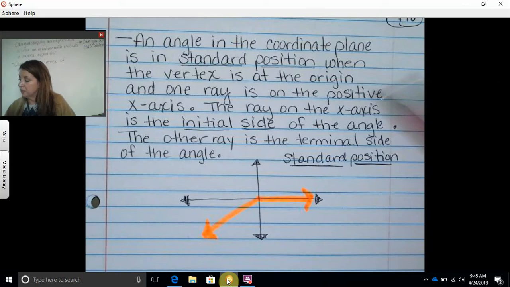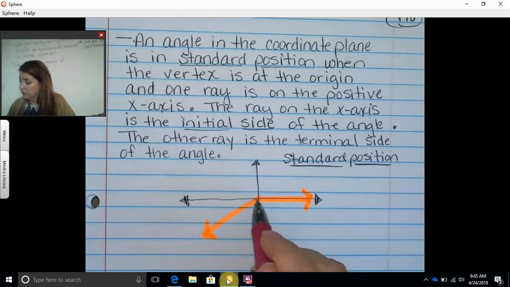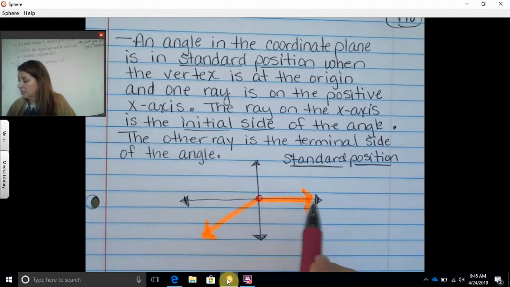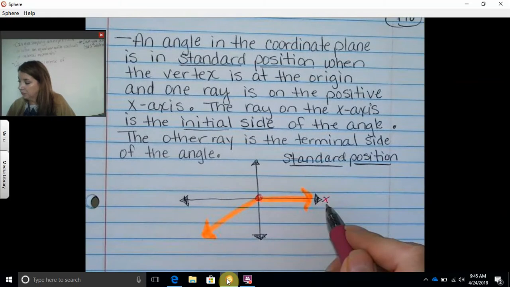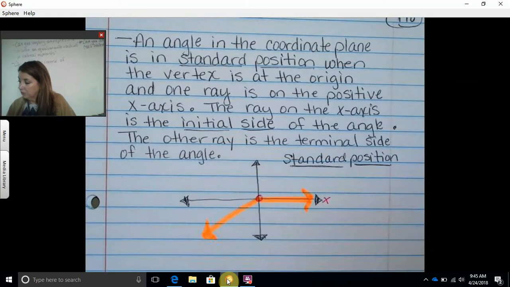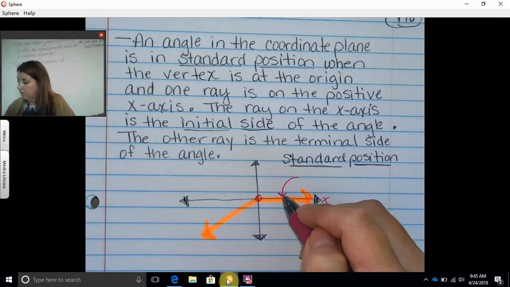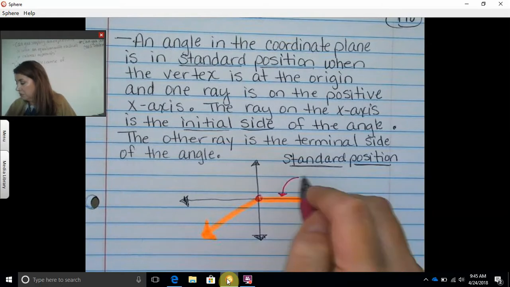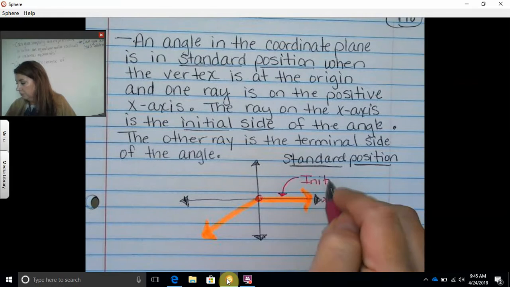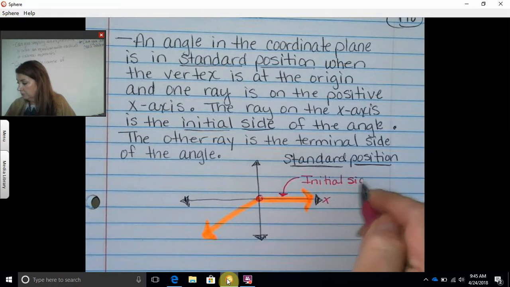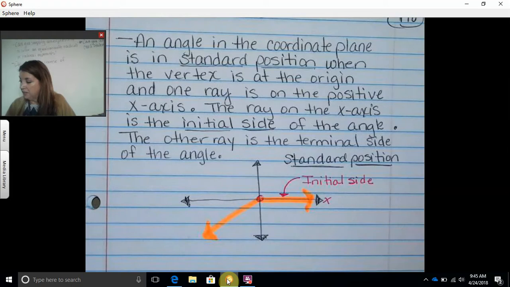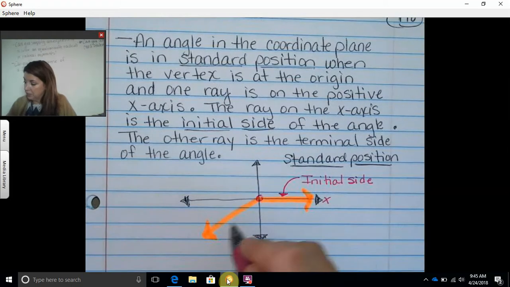It said an angle's in standard position when the vertex is at the origin, which it is, here's the origin. The vertex is at the origin, and one ray is on the positive x-axis, which it is. The ray on the x-axis is called the initial side. So this part of the angle, this ray here, would be called the initial side. And the other ray of the angle is called the terminal side.